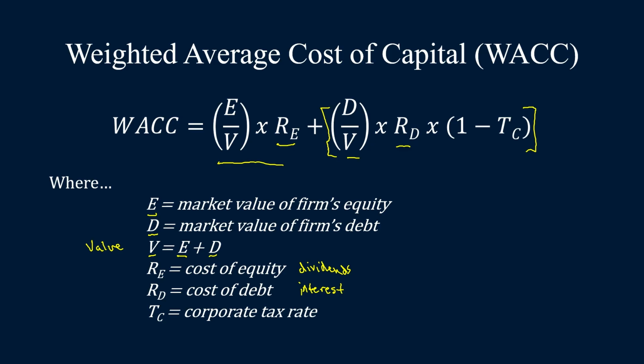And typically, the rule of thumb is that a lower WACC is typically safer or less risky. Now, we're not looking at other factors. We're only looking at just the cost of equity and cost of debt.